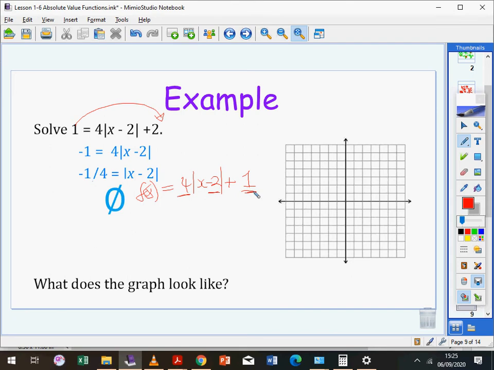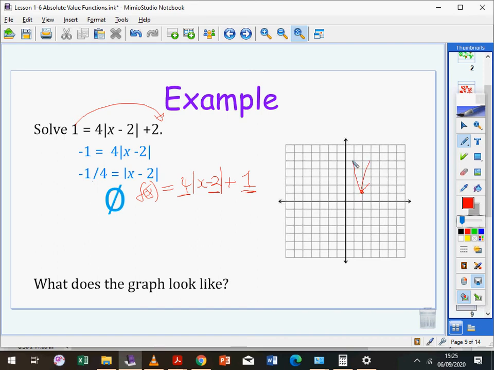So, sorry, 2 units to the right, it's right here. A slope of 4, and 1 unit upwards, it's going to end up starting here. And remember, it has a slope of 4, so instead of going here, it's going to go 1, 2, 3, 4. It's going to go there.